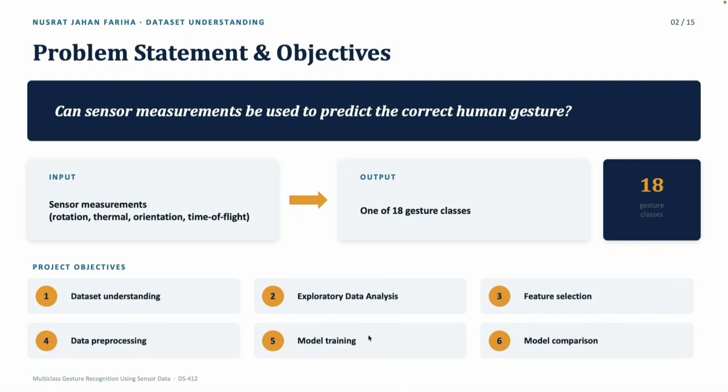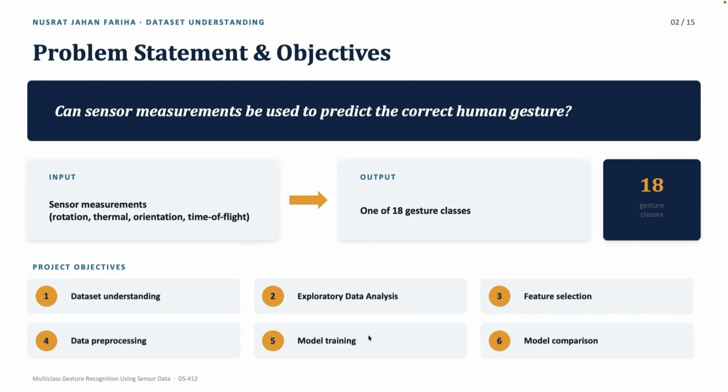First, let's talk about what we are actually trying to do in this project. The main question we wanted to answer is, can we use sensor data to identify which gesture a person is performing? To do this, we have different types of sensor measurements as our input. This includes rotation, thermal, orientation, and time of flight data.